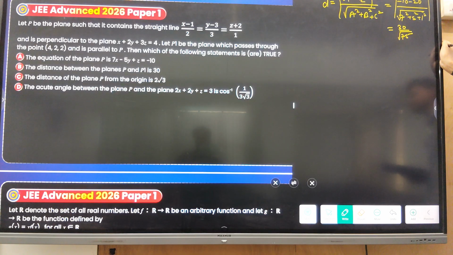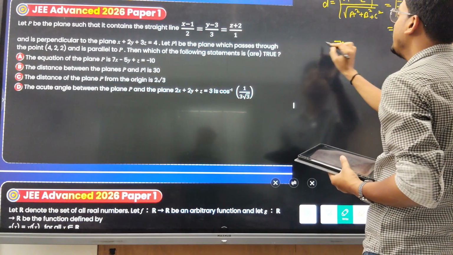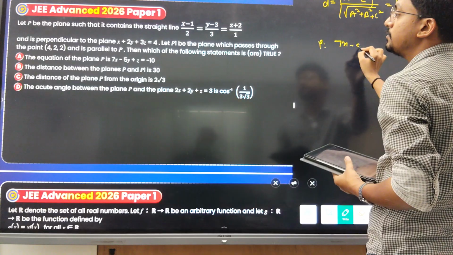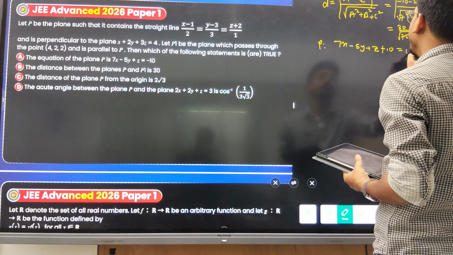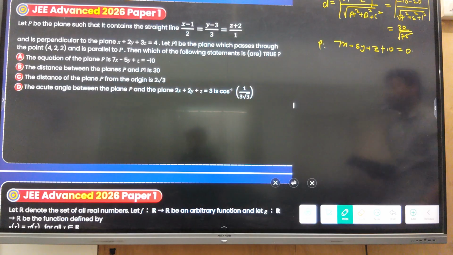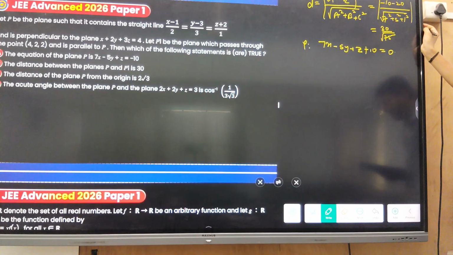Option B is wrong. In option C, the distance of the plane P from the origin is 2 by root 3. So what is the equation of the plane P? 7x minus 5y plus z plus 10 equal to 0. So what will be the distance of this plane from the origin? We will draw a perpendicular from the origin towards this plane.